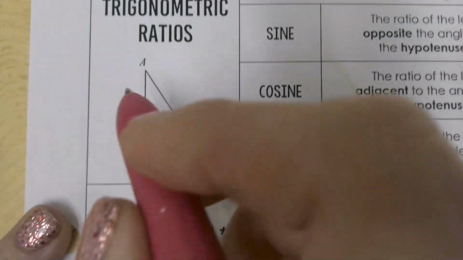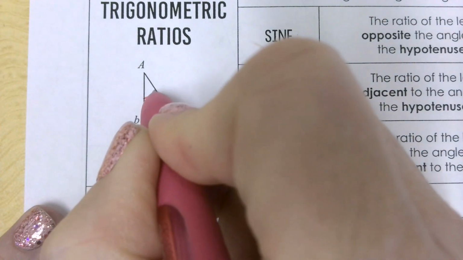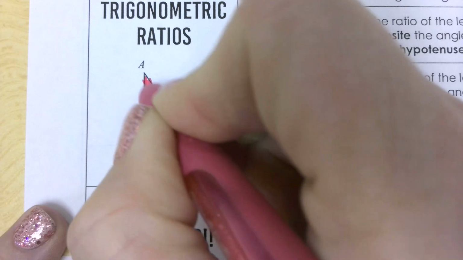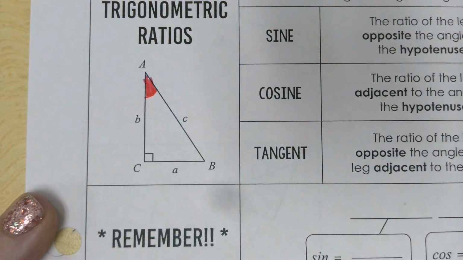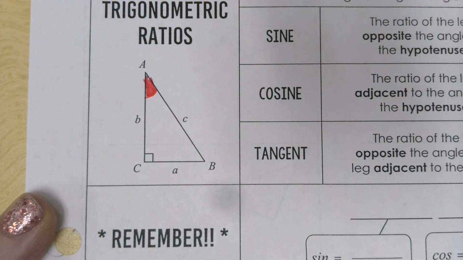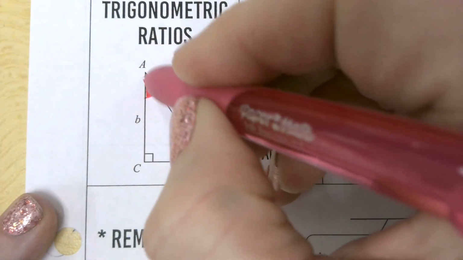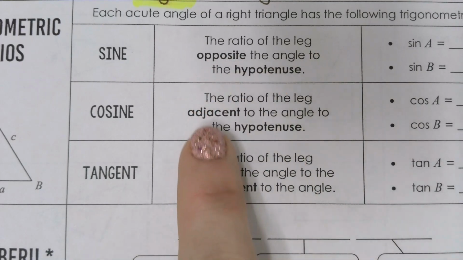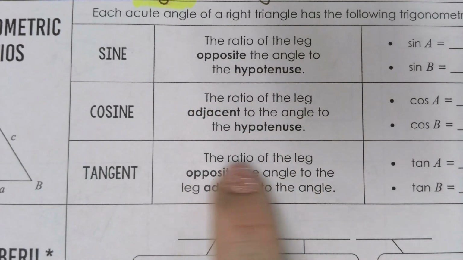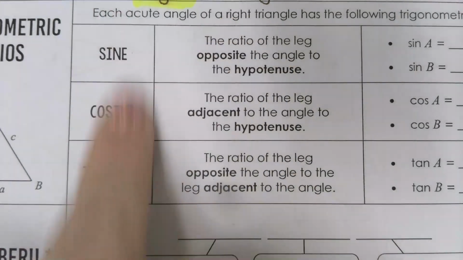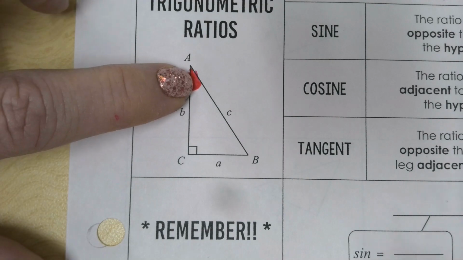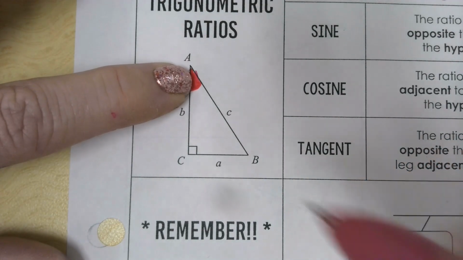To start off for this one, I'm just going to put a little mark here and color this in to show you this is the angle that I am talking about. We need to label our sides with the words that you see here: opposite, hypotenuse, and adjacent. Those words are all mixed up in these ratios that we're going to use. From my angle, this is how you tell what's what.